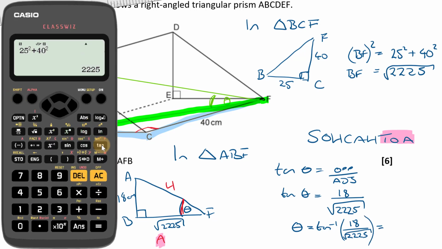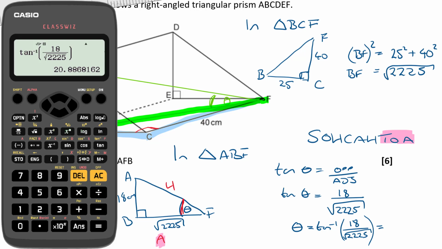Okay, what's that? Calculator, what's the answer? So I'm going to press shift tan to find the inverse tan. 18 divided by the root of 2225, close bracket.